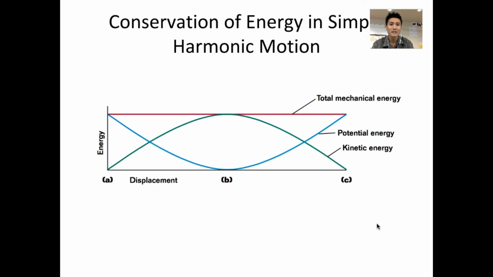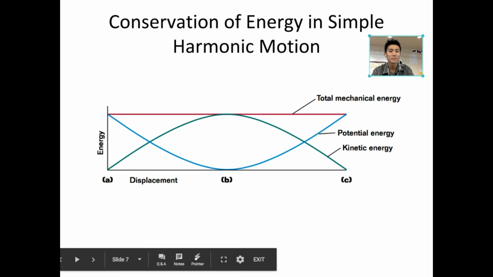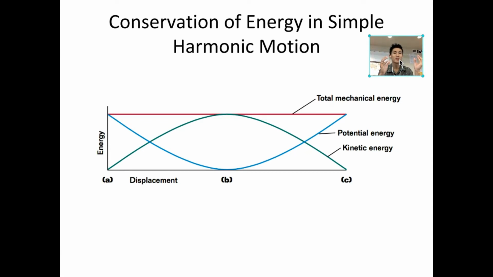Okay, we're moving on along. So, conservation of energy in simple harmonic motion. Because there's this restoring force that either moves a swinging object or the mass on a spring, once we cause a displacement from the equilibrium point and let it go, we add energy to that situation, and that energy can be transferred back and forth.